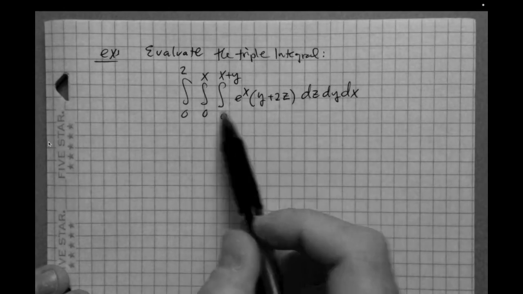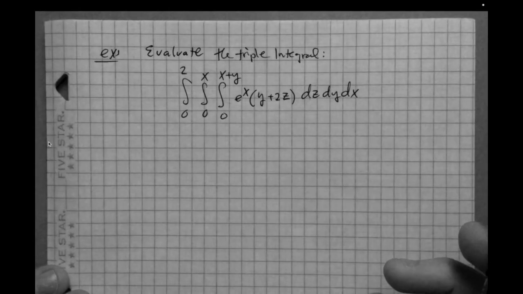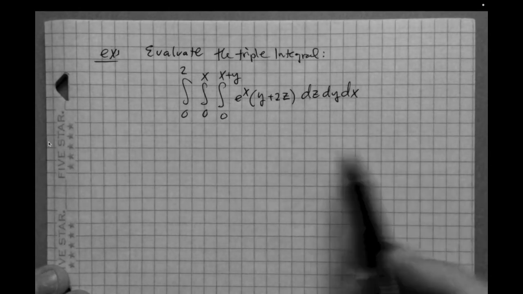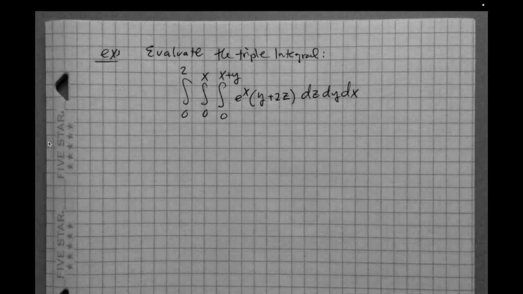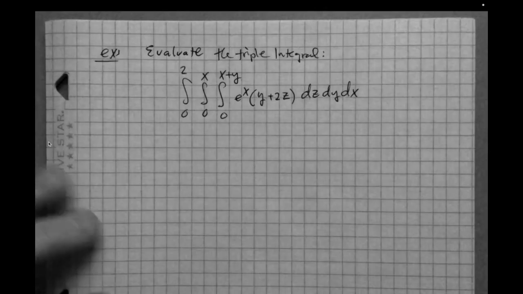That one we would integrate with respect to y, hold everything that isn't y constant, plug in the bounds, and that would bring us to the third and final integral, which is the integration with respect to x, which should have constant bounds. All right, so let's go ahead and do this.